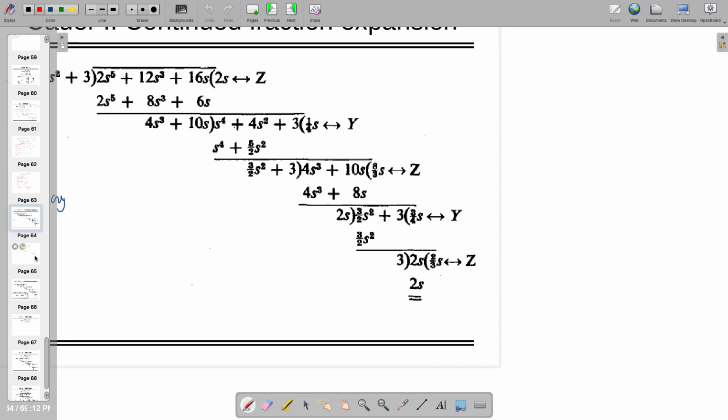So last time we did this continued partial fraction, and we got these particular values.